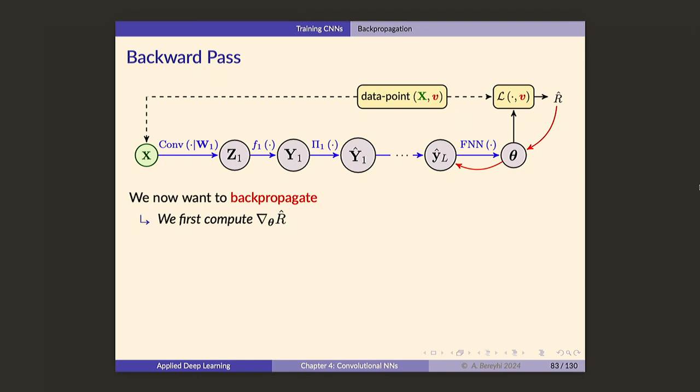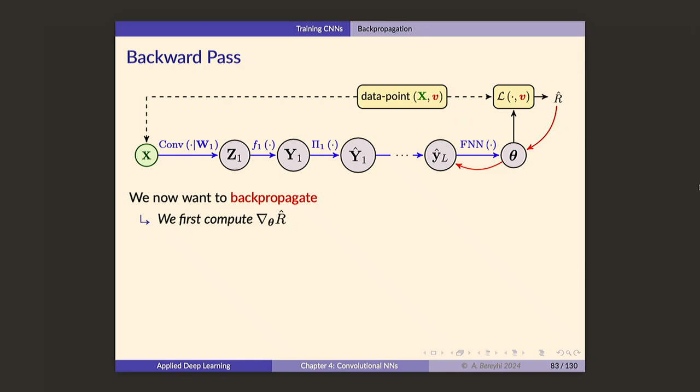So you do know how to get back from this one to the input of your softmax, how to get from this one to the input of your last hidden layer, the previous hidden layer, up to this point, right? So you do know how to go there. So I'm not going to repeat this for you. You already know how to get to the input of your feed-forward, fully connected neural network.